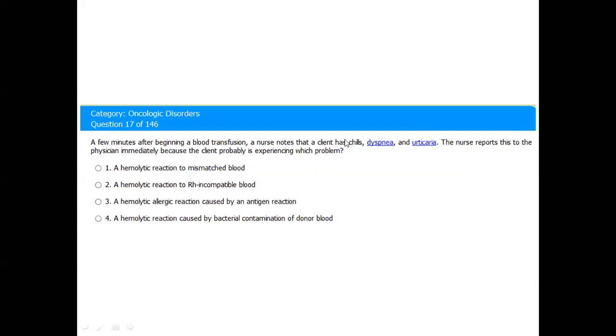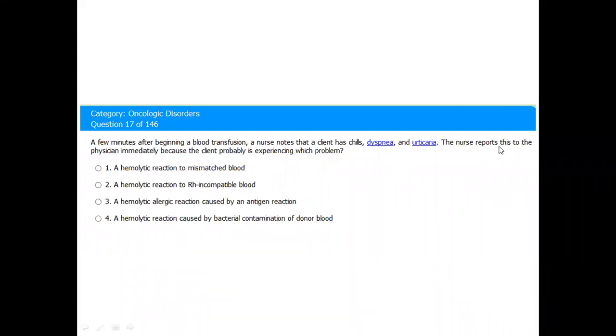The patient has a fever or chills, shortness of breath, and urticaria. Urticaria is common because of any kind of anaphylactic or allergic reaction.